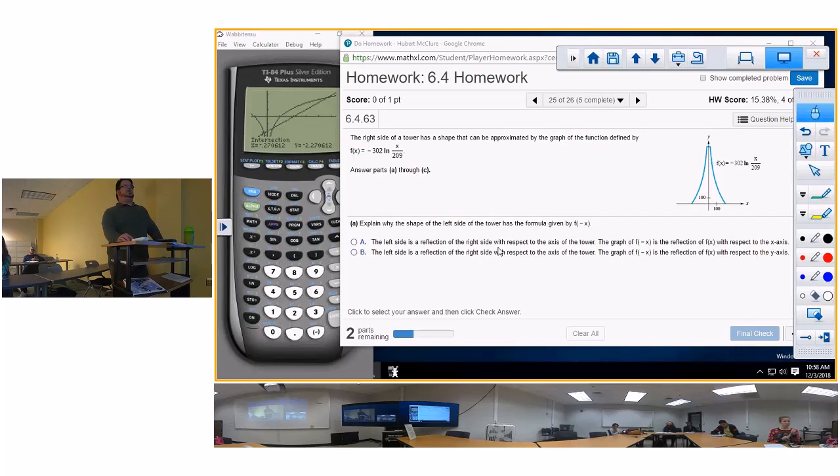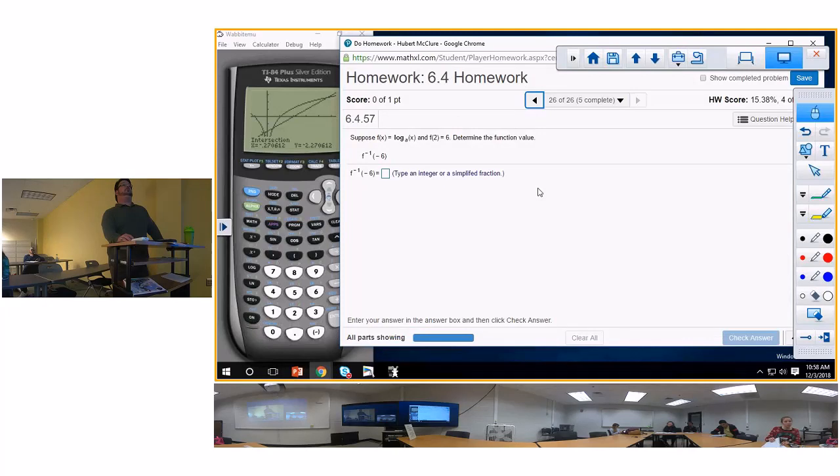That's too tedious. Go ahead and mark that one. And 26, suppose and so on, determine the function value. Okay, just mark that one too. So that's how many questions?